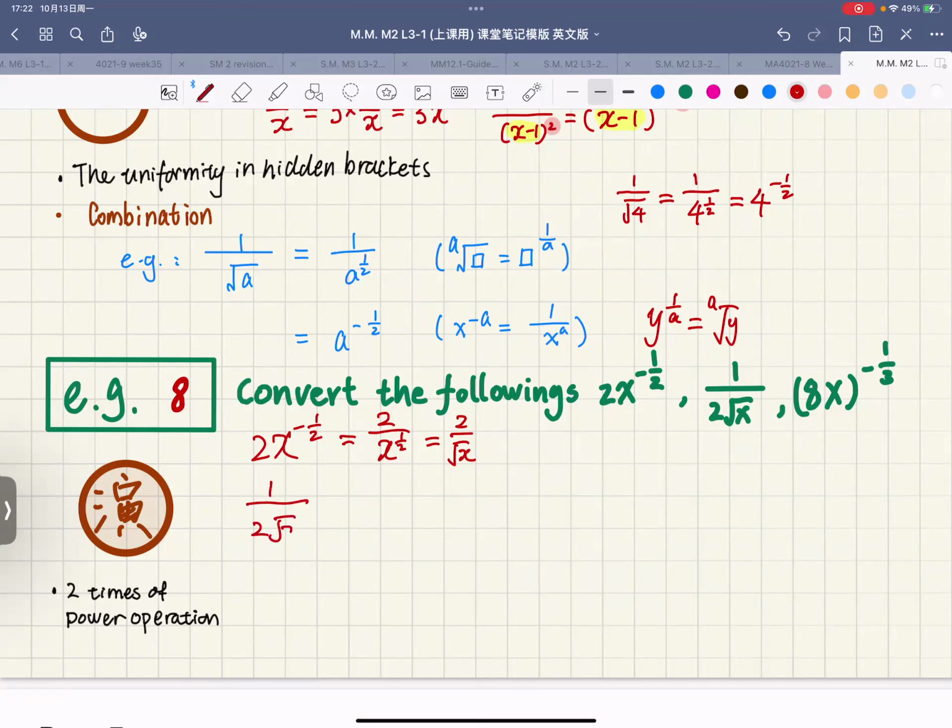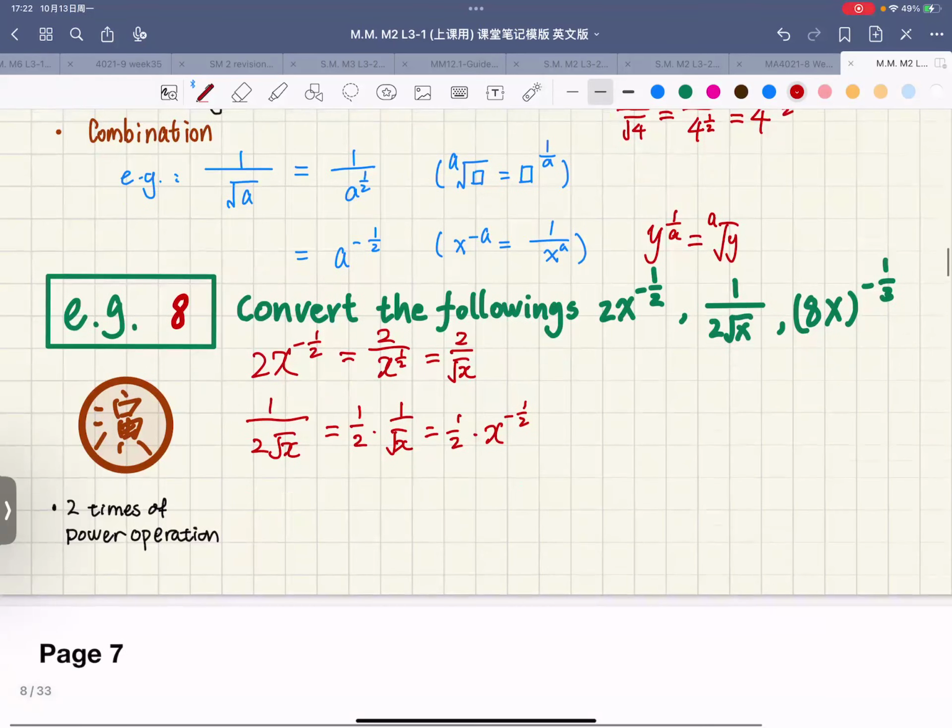1/2 square root of x is equal to, basically, we can write as 1/2 times 1 over square root of x, which is 1/2 times x to the power of -1/2, right?